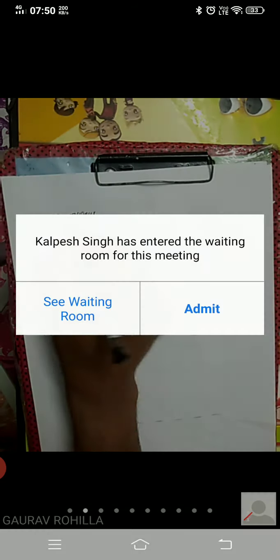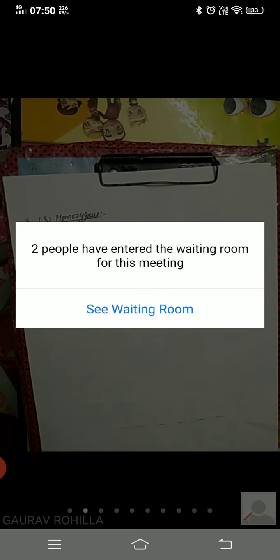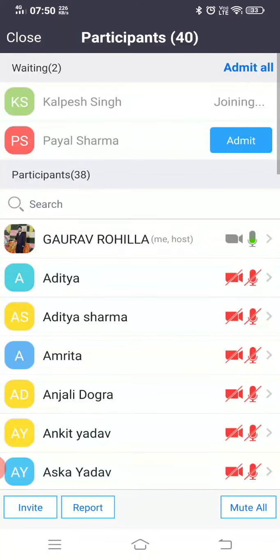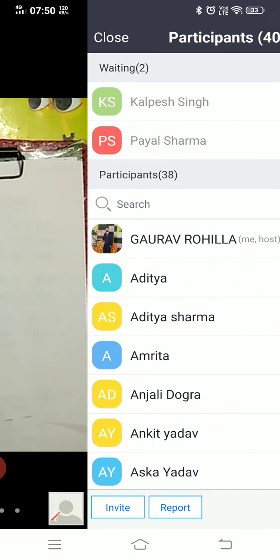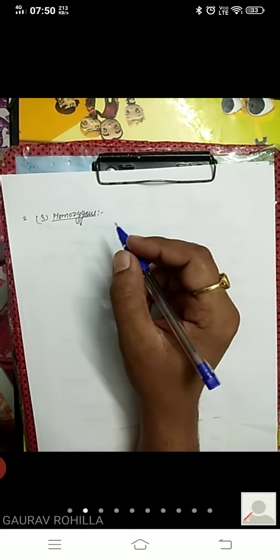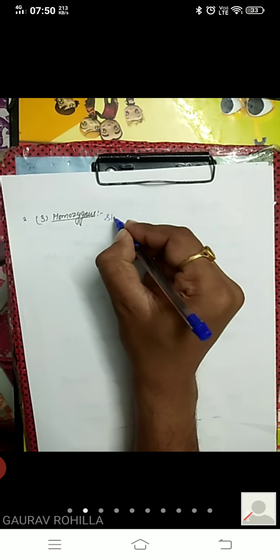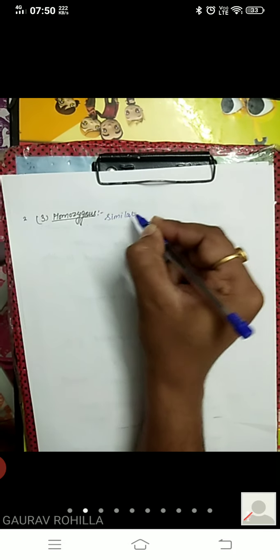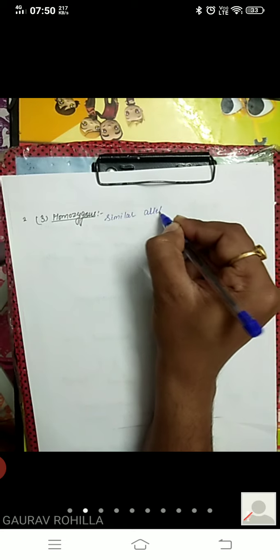Now the next term is homozygous. Homo means similar and zygous means characters or gametes. Homozygous represents similar alleles.